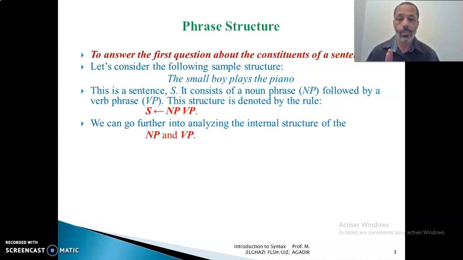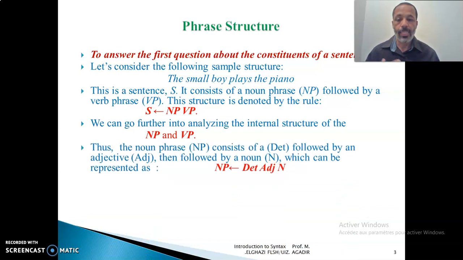The first one is the small boy. This is the first NP. Okay, and we will see that this NP consists of a determiner, which is the, an adjective, which is small, and a noun, which is boy.